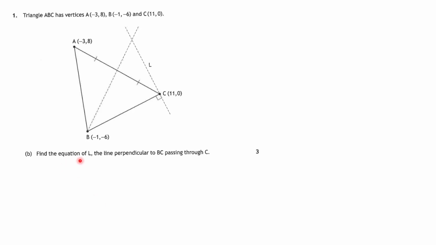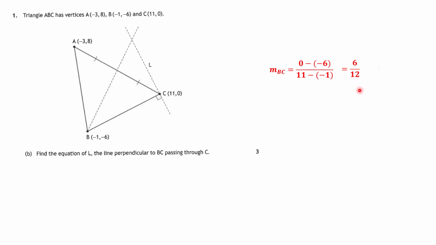Part B. We want to find the equation of the line shown here, and it's perpendicular to BC and it passes through C. So the first step is we've got to work out the gradient of BC. Well, there's B and there's C, so it's going to be 0 take away -6 over 11 take away -1. That's going to give you 6 over 12.